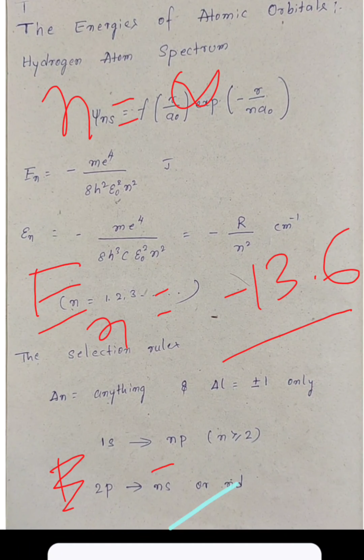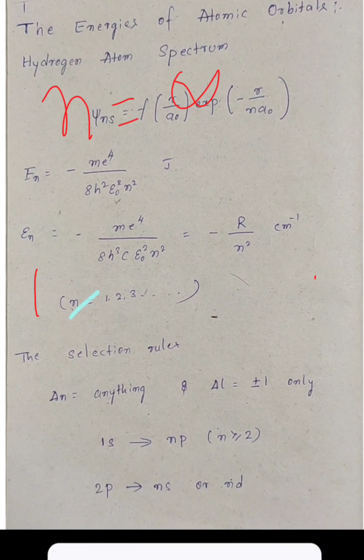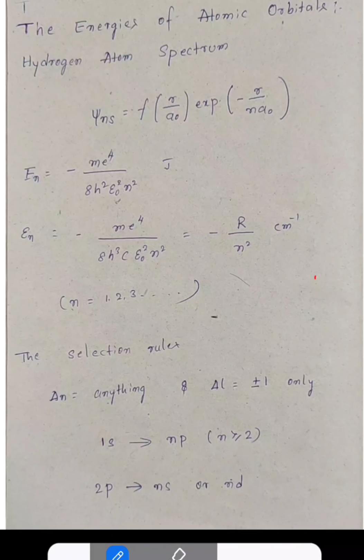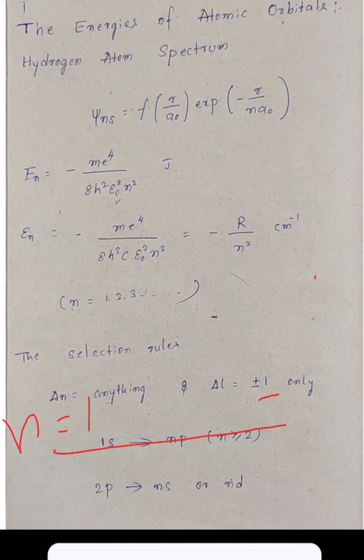Next, we got the energies of the atomic states. The simple atom is hydrogen, because it has only one electron and one proton. This is the energy levels of the hydrogen. This is the ground state energy. Ground state indicates n is equal to 1, and the energy is minus 13.6 eV.